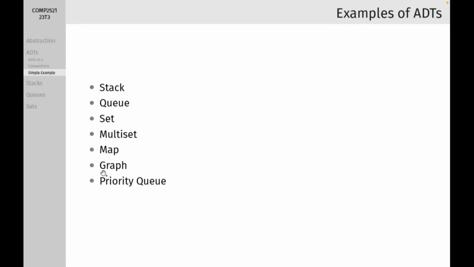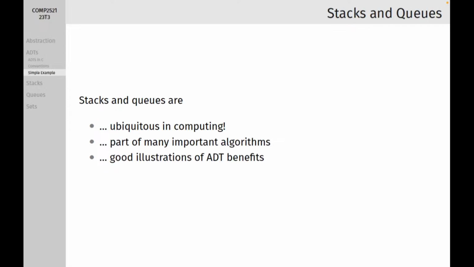Graphs and priority queues we will definitely cover later. All right, so let's talk about stacks and queues. They are really common data structures in computing. They're part of many important algorithms, and they are good demonstrations of the benefits of using an ADT.